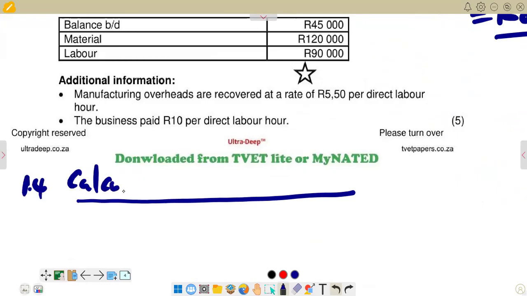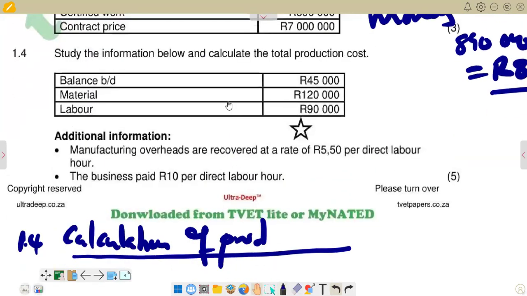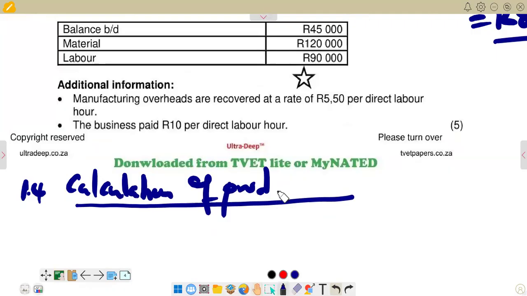So this is the calculation of production cost. We are calculating production costs. So this is what we have in terms of calculation of production costs.